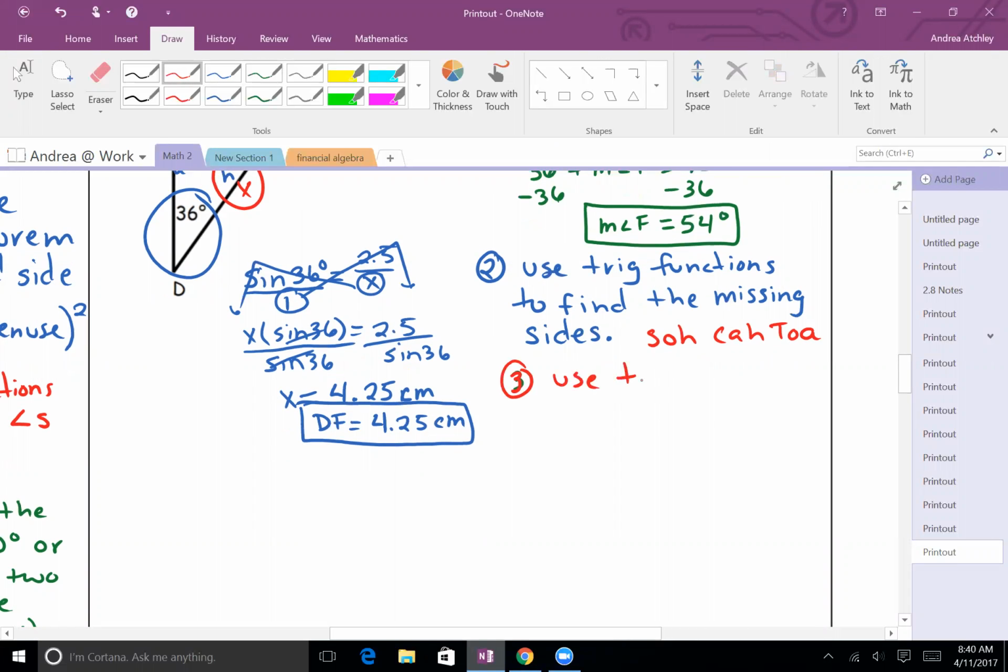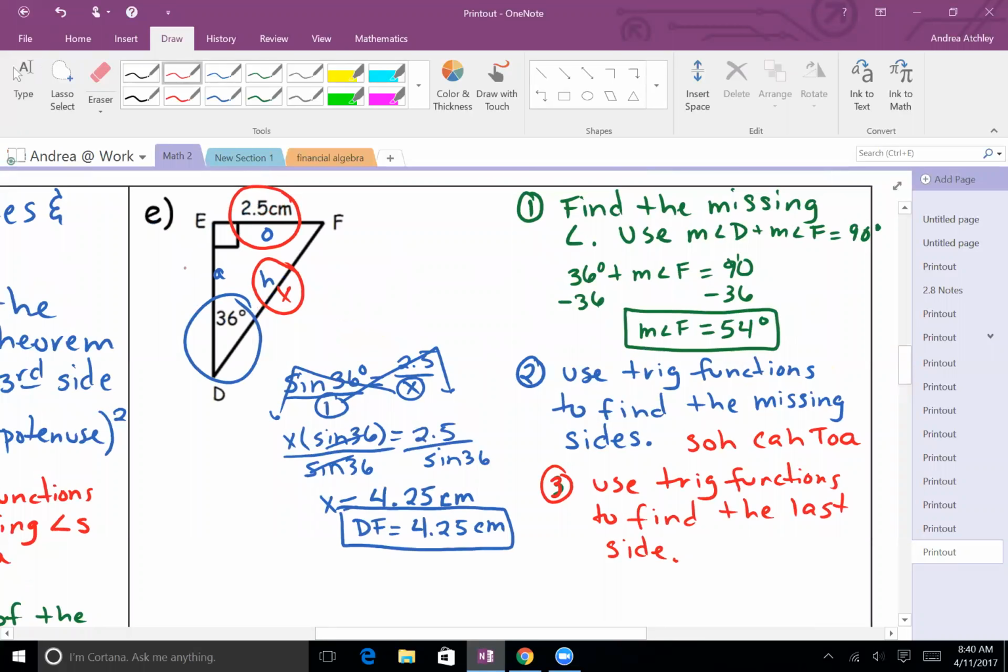You want to use trig again? Find the last side. We're going to use our trig functions again to find that third side, and I'm going to put y here.